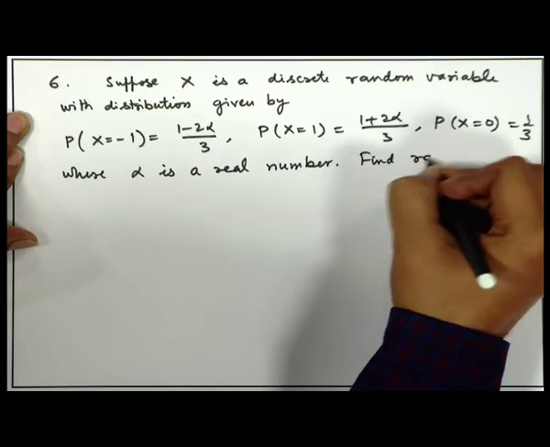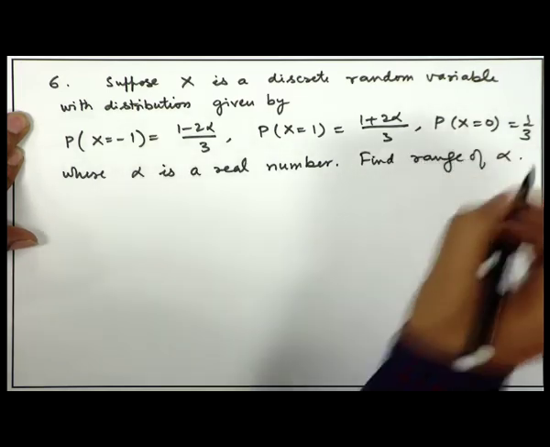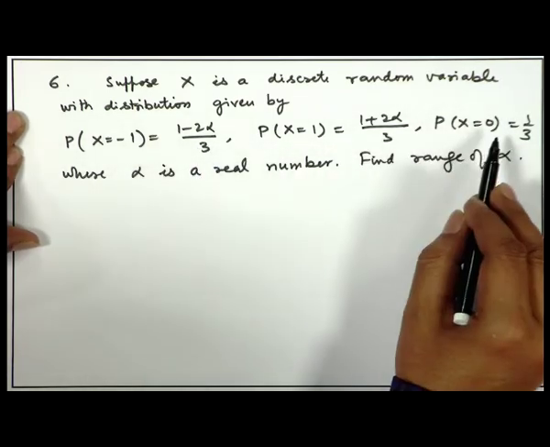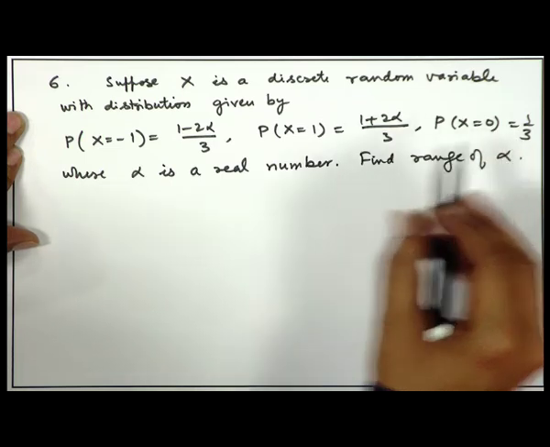Find the range of alpha. That means, for what values of alpha this is a proper probability distribution.